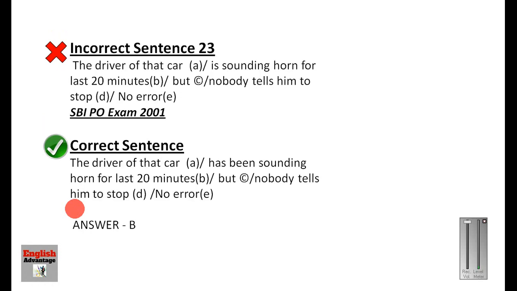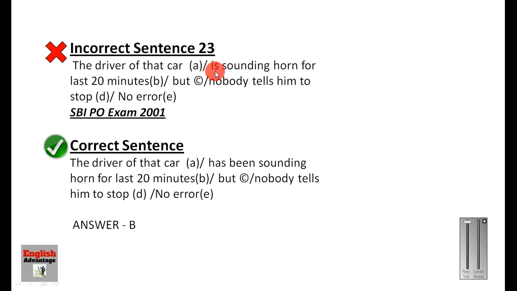Now let's see the next question. The driver of that car is sounding horn for last 20 minutes, but nobody tells him to stop. Okay, so here you can see we have used "for". "For" and "since" are used only in perfect tenses, of all tenses, only in perfect tenses. So that is why you have to make it into perfect tense.